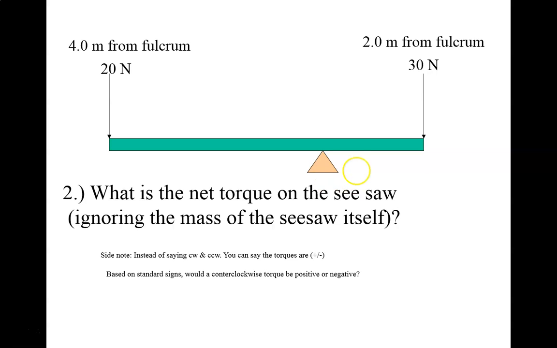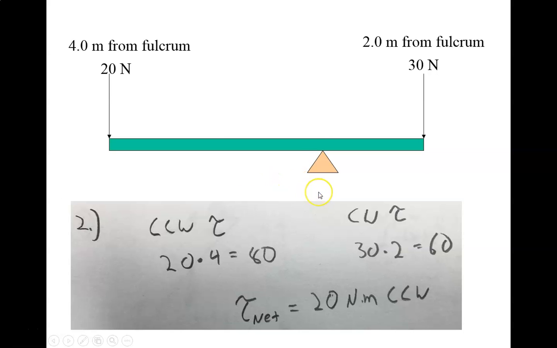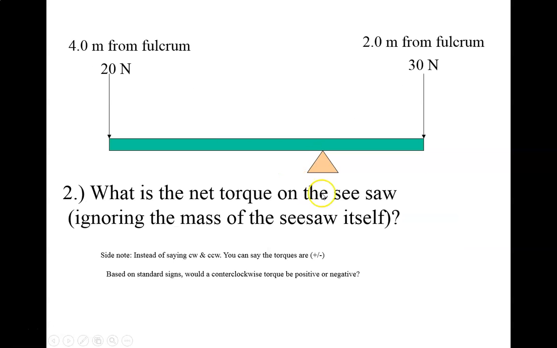The other way we can talk about it, other than clockwise and counterclockwise, is positive and negative. We're not really going to do that much here. You might see it this way in college. For example, this torque right here, if this is my pivot point, is trying to cause a clockwise torque.